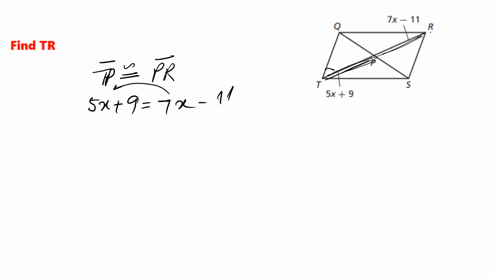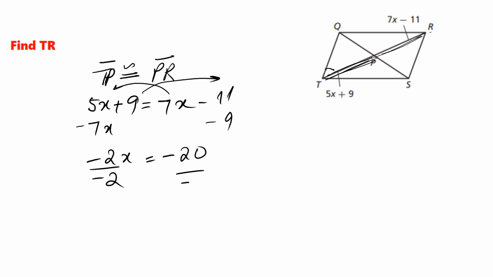Bring the 7x to the other side, gives you negative 7x. Bring plus 9 to the other side, gives you negative 9. 5 minus 7 is negative 2x. Minus 11 minus 9 gives you minus 20. Divide both sides by negative 2 to find the value of x. It will give you 10.